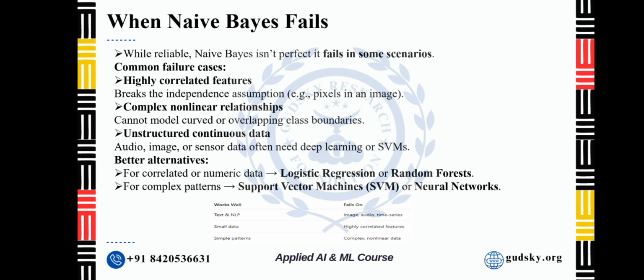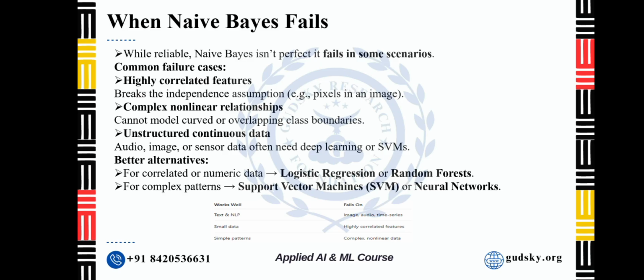So these are all the scenarios Naive Bayes fails on, and in these scenarios more advanced models like random forest, gradient boosting, or neural networks may outperform Naive Bayes. Better alternatives are logistic regression or random forest for correlated or numeric data, and support vector machines or neural networks for complex patterns.